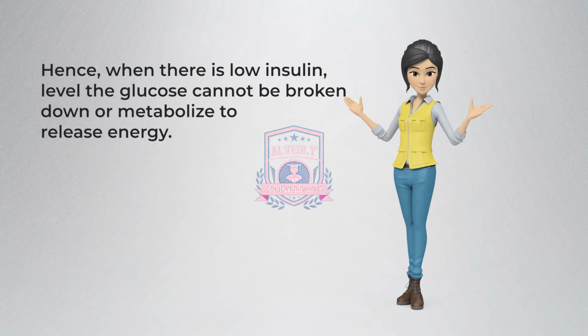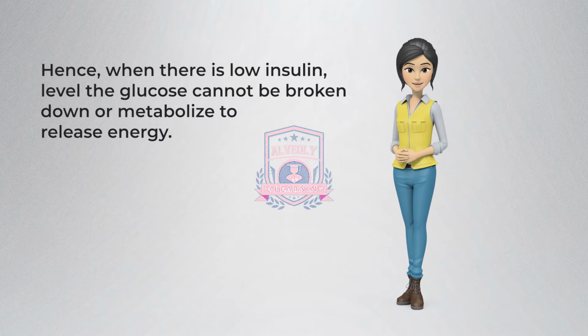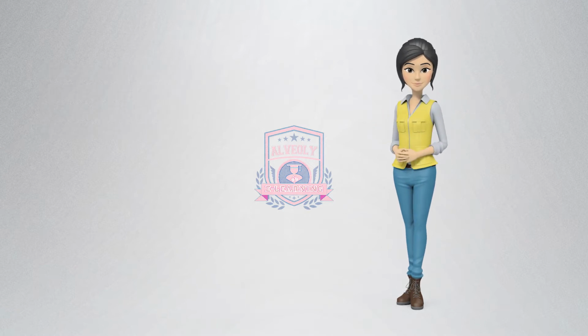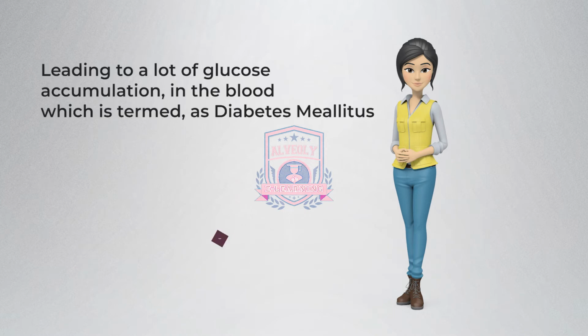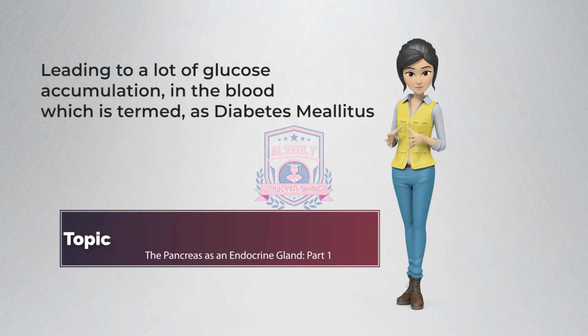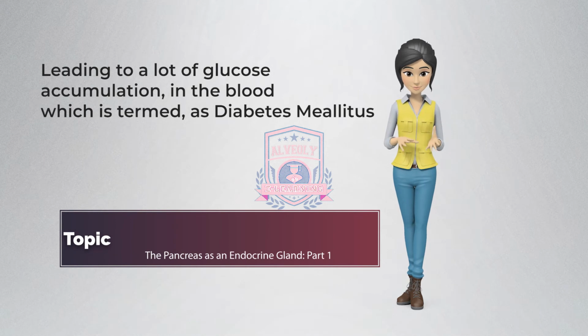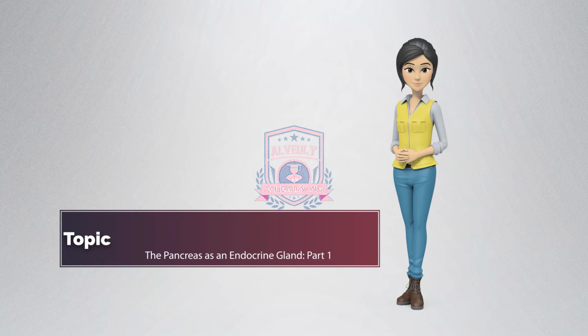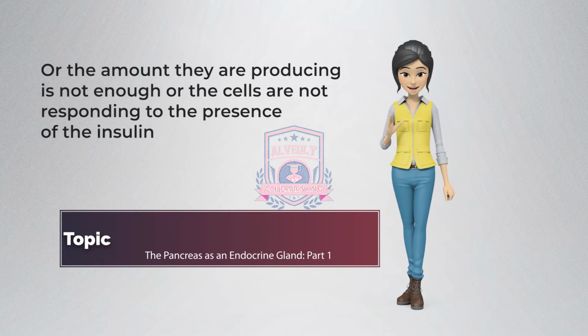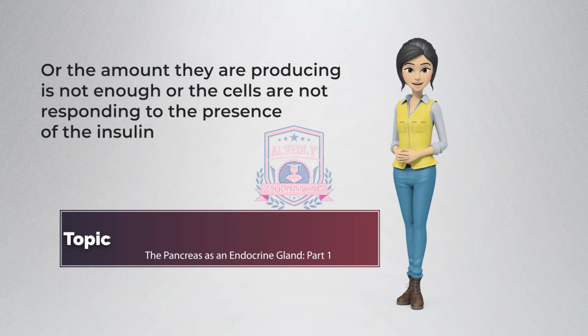Hence, when there is low insulin level, the glucose cannot be broken down or metabolized to release energy, leading to a lot of glucose accumulation in the blood, which is termed diabetes mellitus. In diabetics, what happens is that the pancreas is either not producing insulin at all, or the amount they are producing is not enough, or the cells are not responding to the presence of the insulin.